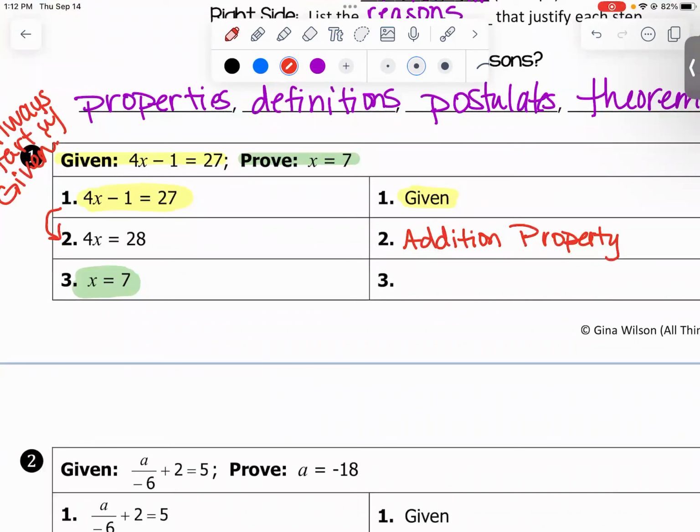Now from step 2 to step 3, what do we have to do to both sides to get X by itself? We have to divide, specifically by 4, right? We would say divided by 4, divided by 4.